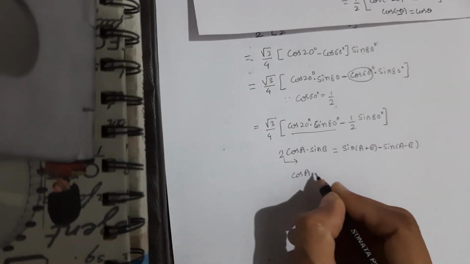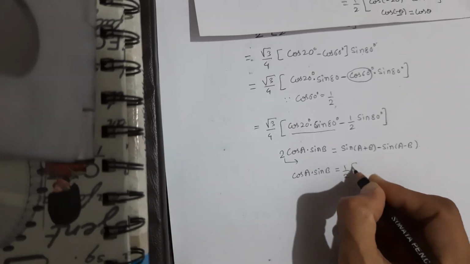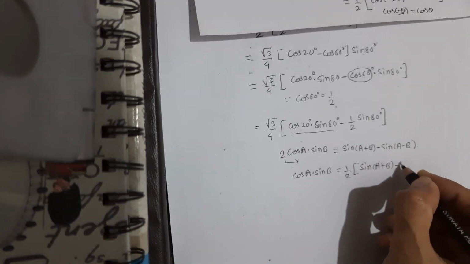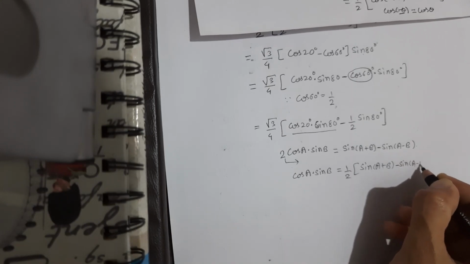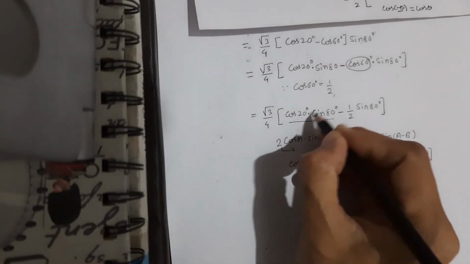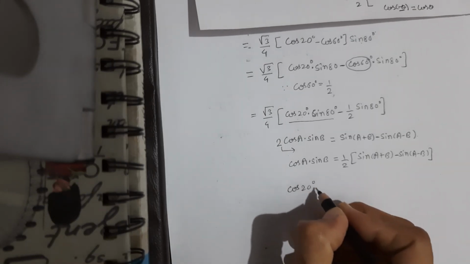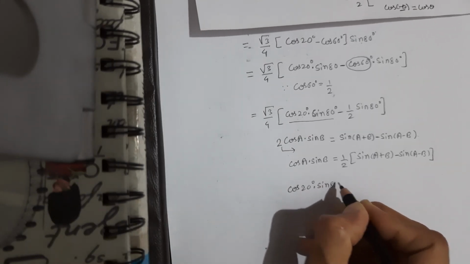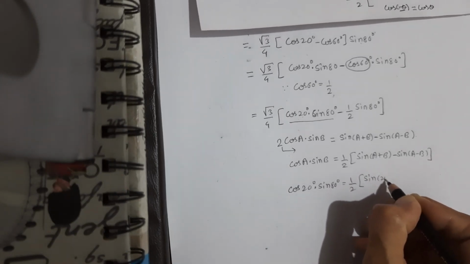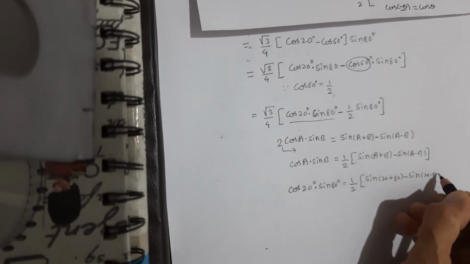I'll get cos A into sin B equal to 1 by 2 into sin A plus B minus sin A minus B. I'm just substituting the value to get this done. I'll do the calculation here. So cos 20 into sin 80 is 1 by 2 into sin 20 plus 80 minus sin 20 minus 80.